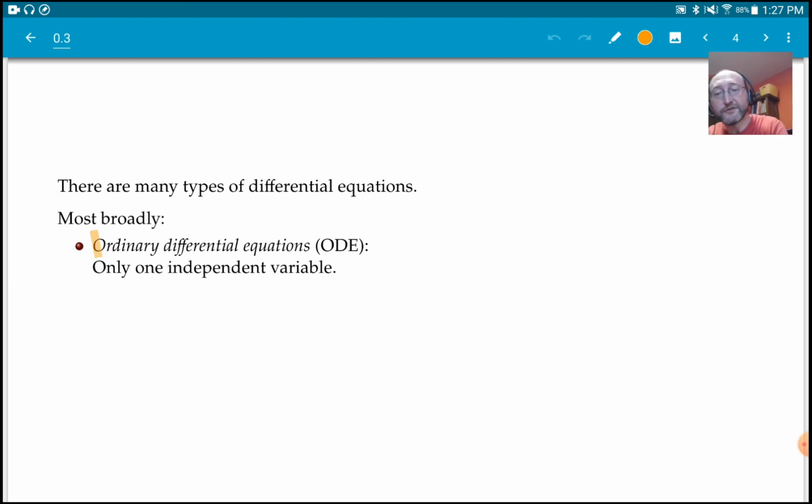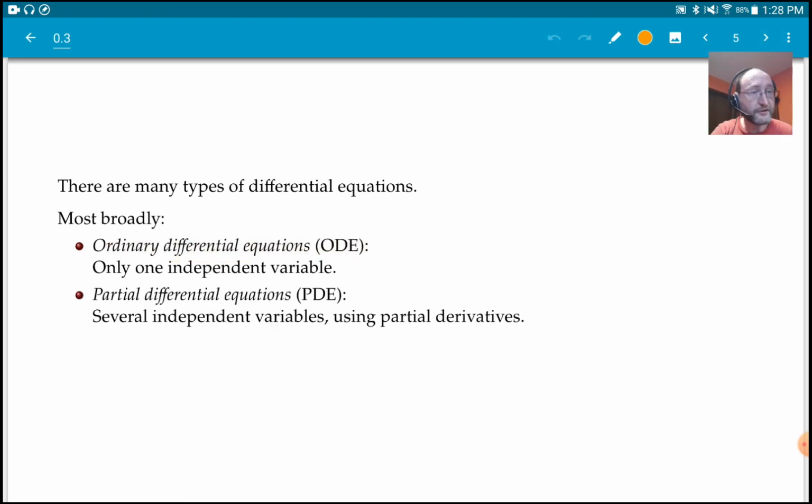The first one is ordinary differential equations, and that just means that there is only one independent variable, right? There's just one thing that we're taking derivatives with respect to. And then there are partial differential equations, where you have partial derivatives. So if you have partial derivatives, it is a PDE, a partial differential equation.